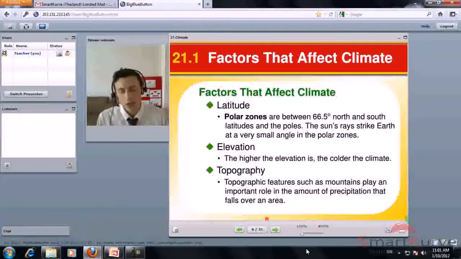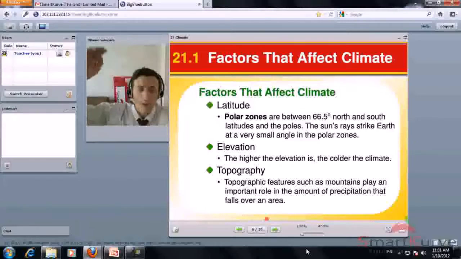Now, on slide 6, we're going to go down a list here. We've got a number of factors. The first one, latitude. We already talked about tropical zones and temperate zones. Now, if you go back and look at that picture of the Earth on slide 3, you can see the very tips of the Earth, the top and the bottom, with latitude above 66.5 degrees, are known as the polar zones.